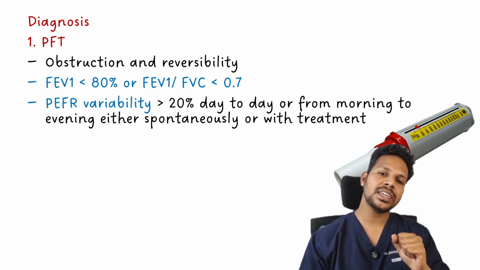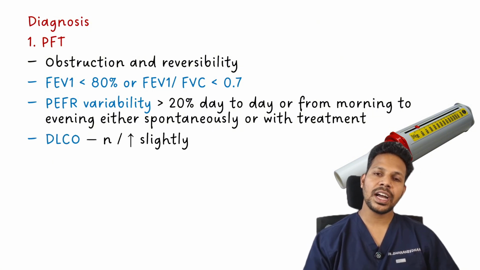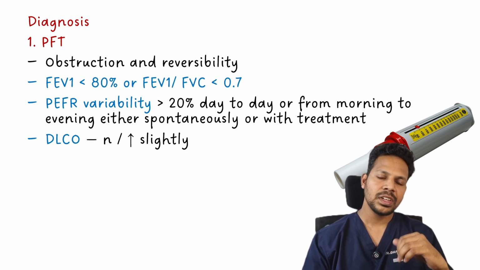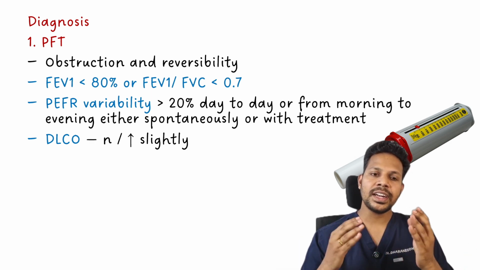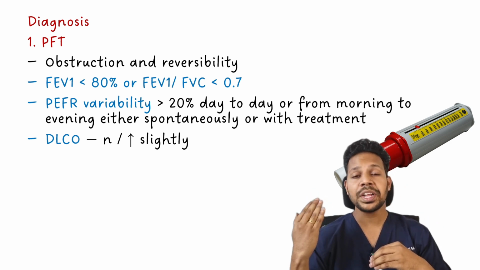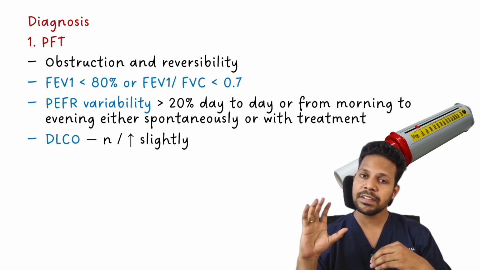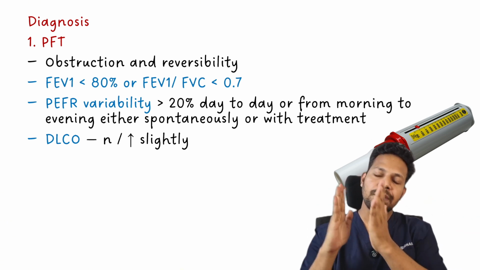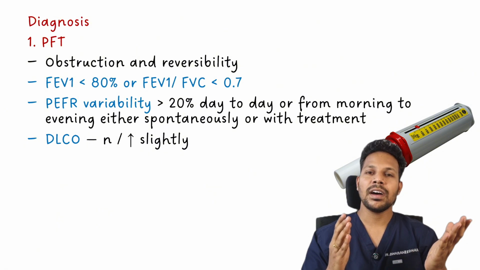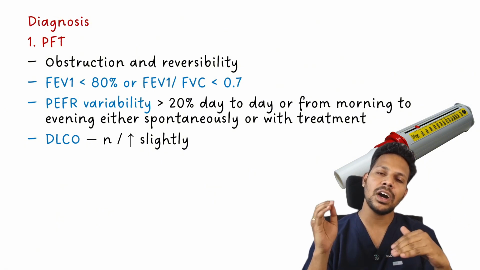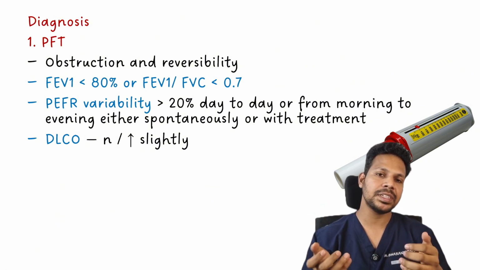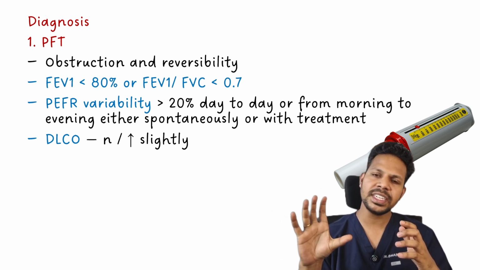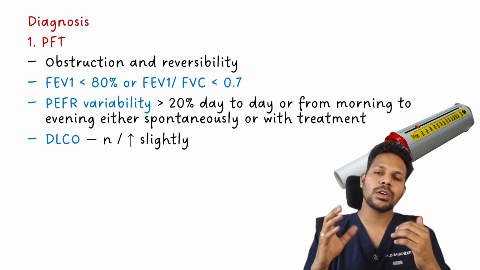And when you look at the DLCO, diffusion lung capacity for carbon monoxide, this is normal or slightly increased. What is the reason? First of all, DLCO is reduced in chronic obstructive pulmonary disease because the airway is damaged, and also the perfusion barrier, the alveolar wall at which the oxygen and carbon dioxide exchange happens, is also significantly damaged, and it is replaced with fibrosis, which makes it incapable of transfer of gases, right?